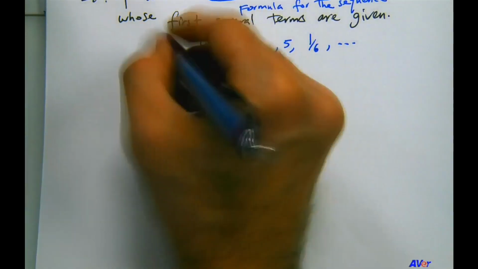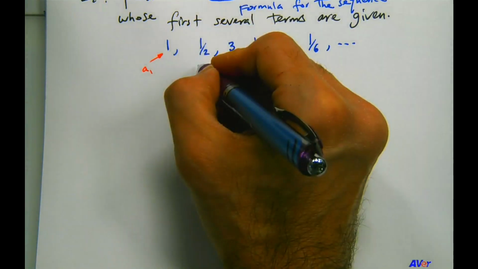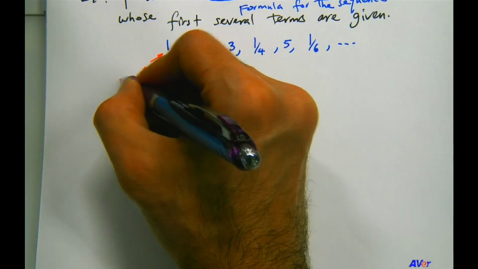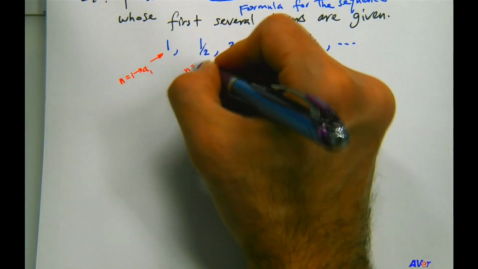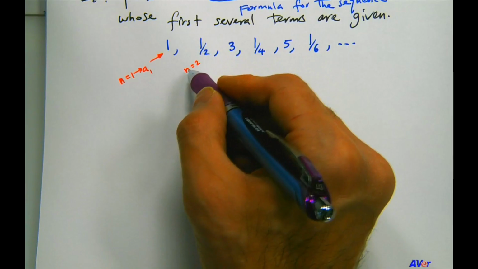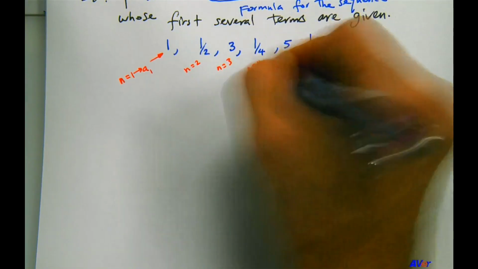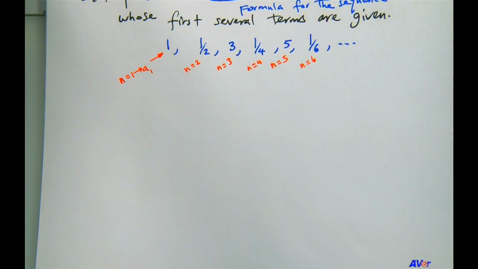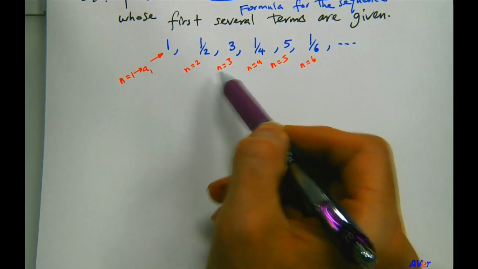This one is a1, the first digit, so n is equal to 1 for that one. n equals 2 for this one, that n representing the position of this number within the sequence. n equals 3 for that, n equals 4 for that, n equals 5, n equals 6. Just doing this, notice a pattern emerges.